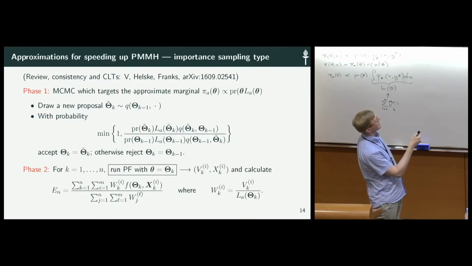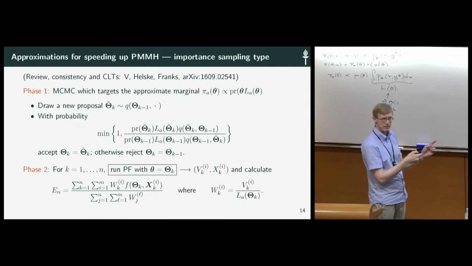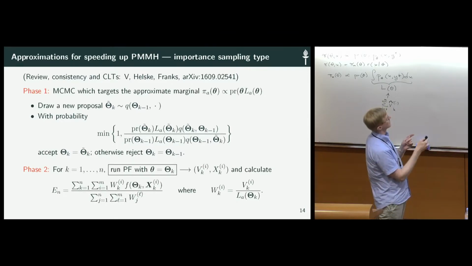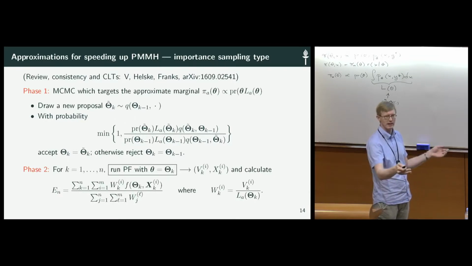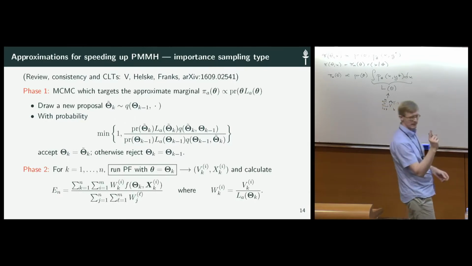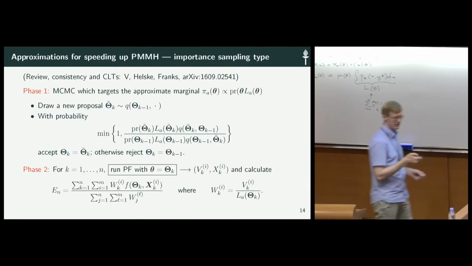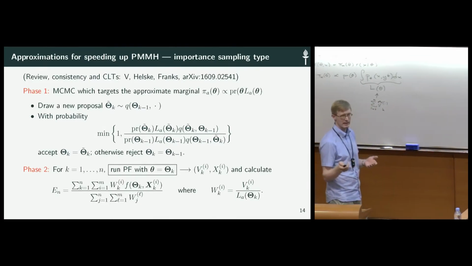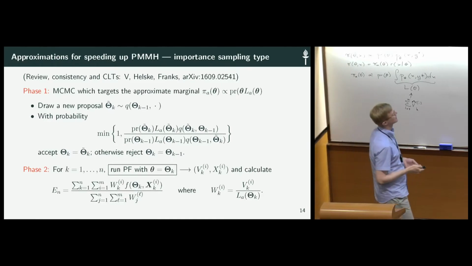So you get repeated values of the same theta here. So you can just run the particle filter for the unique values of theta, or the accepted values of theta that come out of the chain, and construct the estimator by copying exactly the output of that single particle filter for all of the repeated values. So that's the first thing. It's computational savings again.